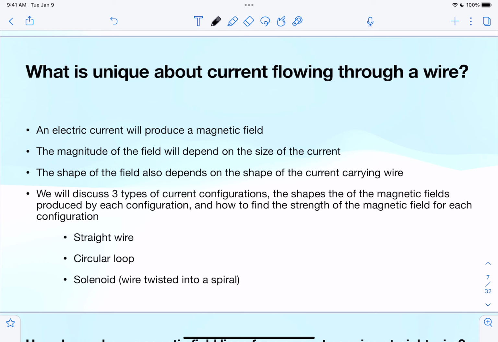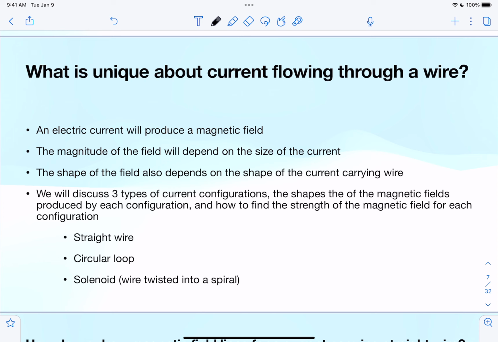So we might have a straight line wire, we might have a loop kind of wire, or we might have a solenoid, which is just a wire that's twisted into a spiral. So it's like having hundreds or thousands of circular loops, right? So those are the three types of current configurations for wires, right?